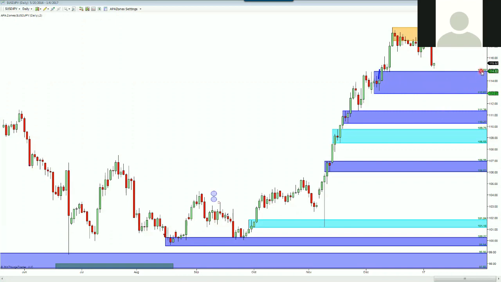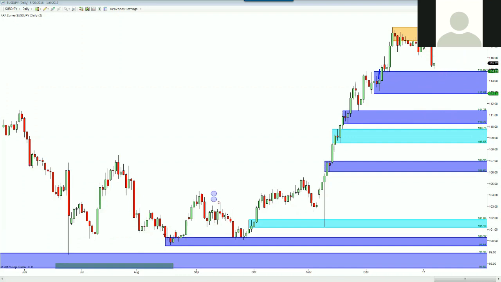So I'm going to be looking for the 114 down to the 112 level, as well as the 110 up to the 111 level. So I'm looking for price to give us some real good support. Not a huge pullback, but it's a pretty good sized pullback. And if we can hit one of those 2 levels and give us a nice little bounce off of one of those 2 levels, that would be amazing in my book.